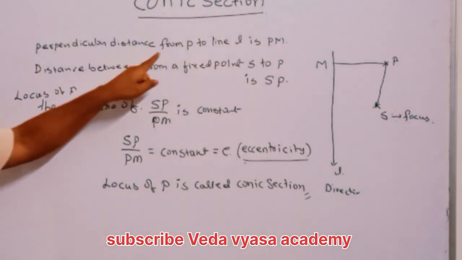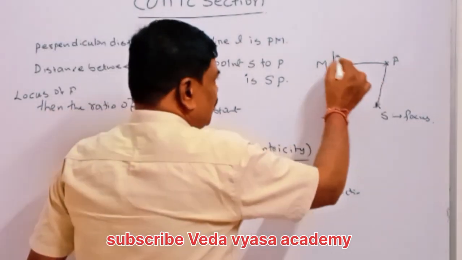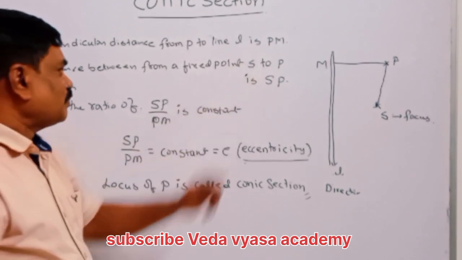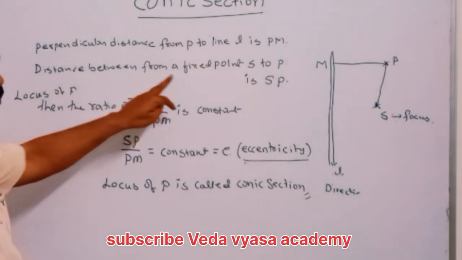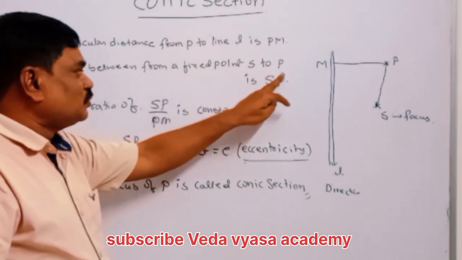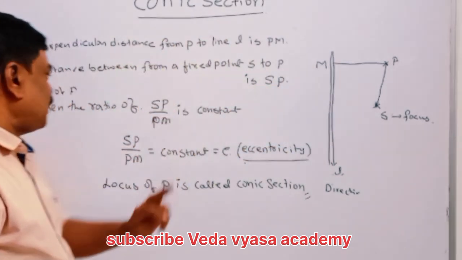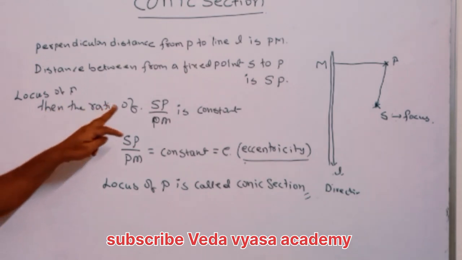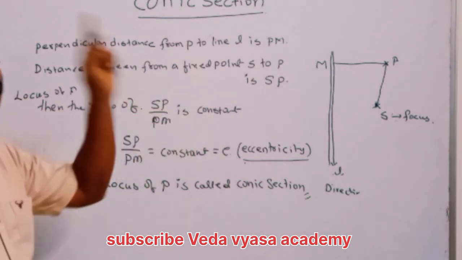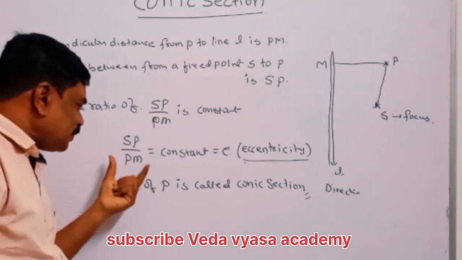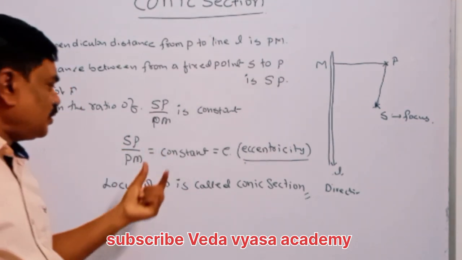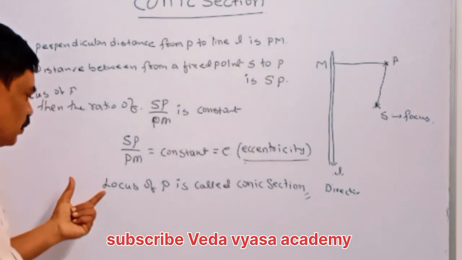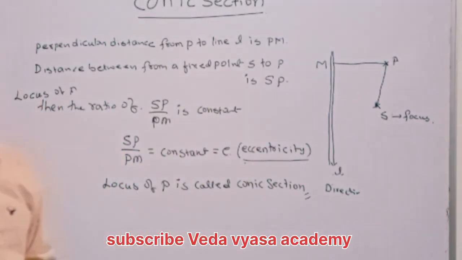Here, the perpendicular distance from P to line L is PM, and the distance from the fixed point S to point P is SP. The locus of P is such that the ratio SP by PM is constant. That is, SP by PM is equal to a constant, denoted E, the eccentricity. Locus of P is called a conic section.